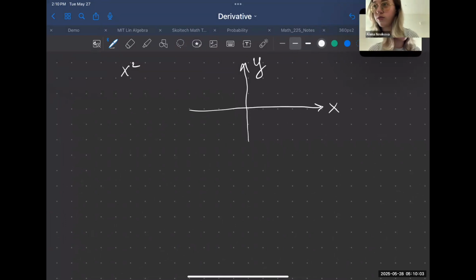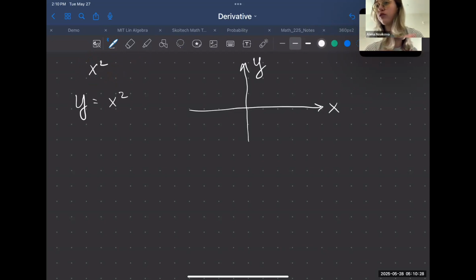So in this case, it's a squaring function. For convenience, we'll introduce a second variable that expresses this function x squared. So we have y equals x squared. That's the relationship between these two variables.